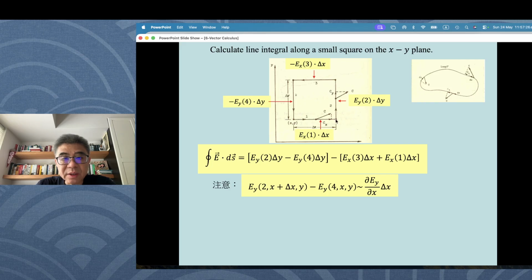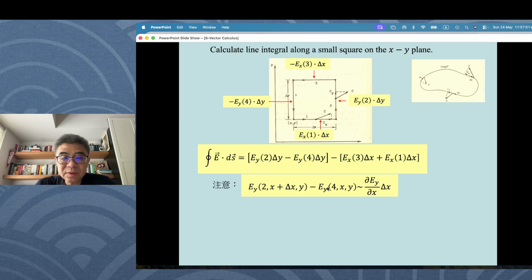It is located when x is equal to x plus delta x, as I have shown here. And E_y4 is located on this path. It is located with the x coordinate equal to x. Therefore, there is a difference between the x coordinates of the first term and the second term.